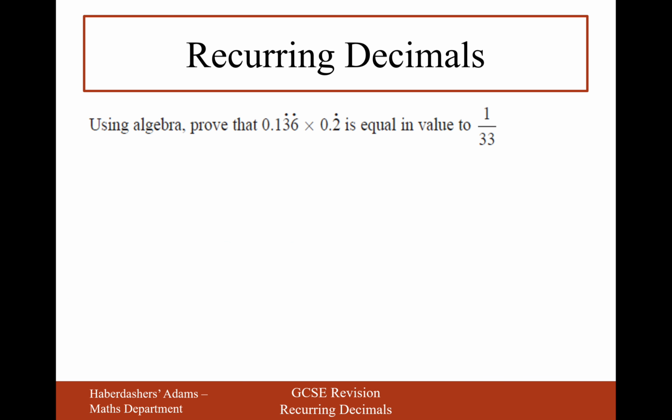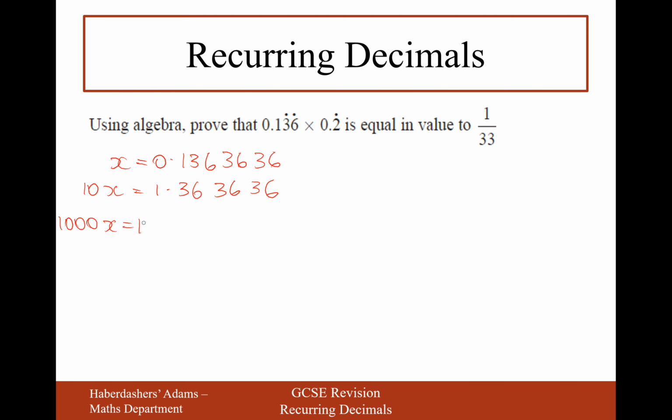So it's times these two and say it's equal to 1 over 33. Well, let's just do our work on both of these decimals. Multiply this one by 10. So that'd be 1.3636. And then multiply by another 10 to make it 1,000.